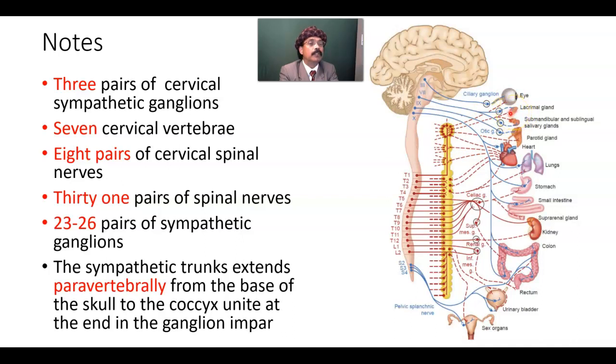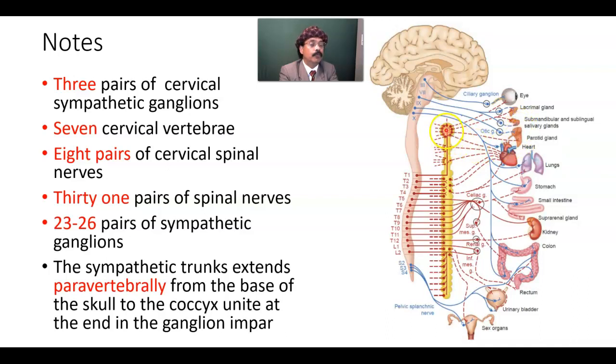lacrimal gland. The lacrimal gland gets sympathetic innervation from the superior cervical sympathetic ganglion. This is the postganglionic fiber. The superior cervical sympathetic ganglion also gives connections to the submandibular and sublingual salivary glands and the parotid gland.